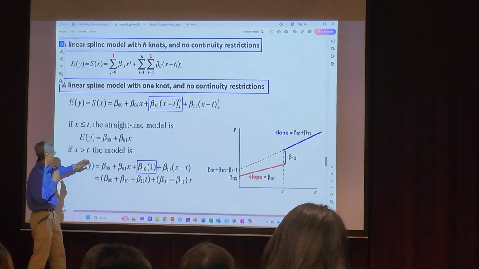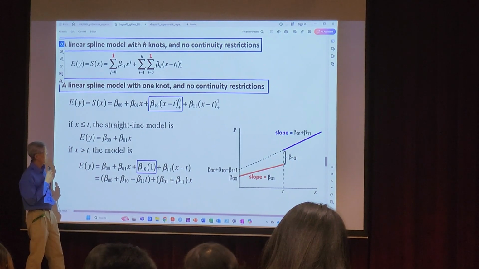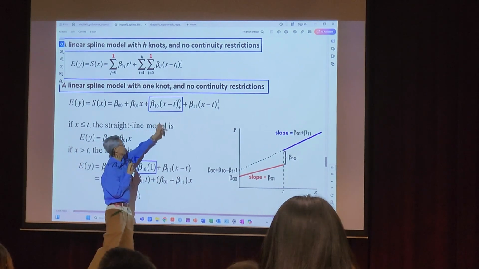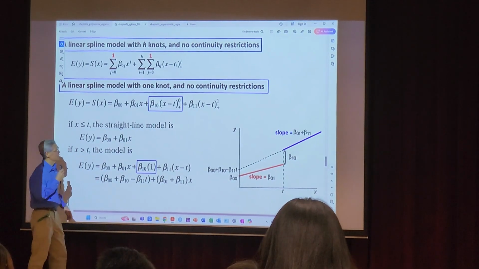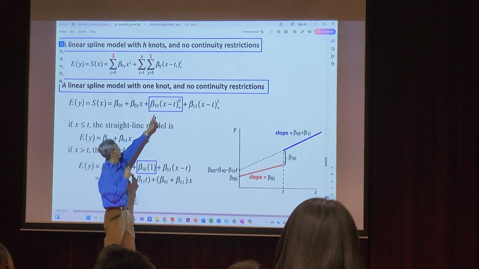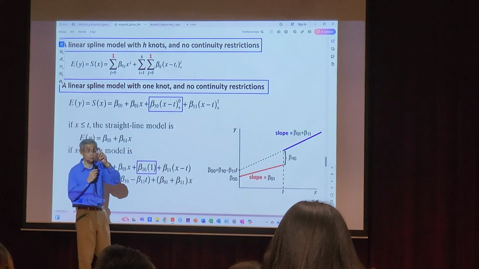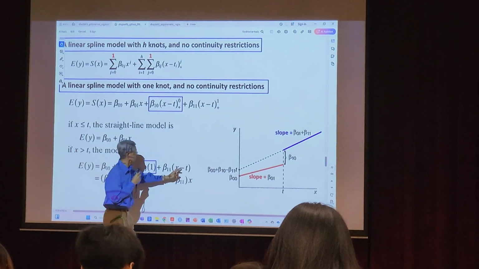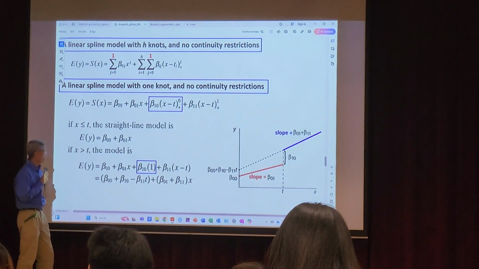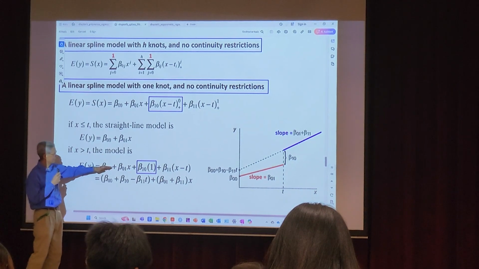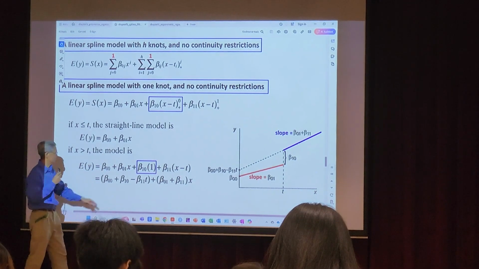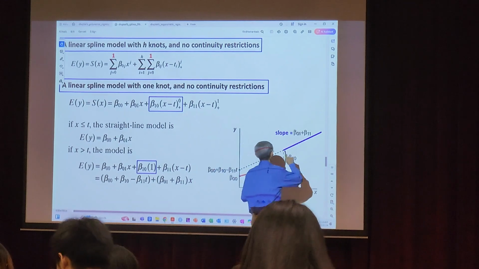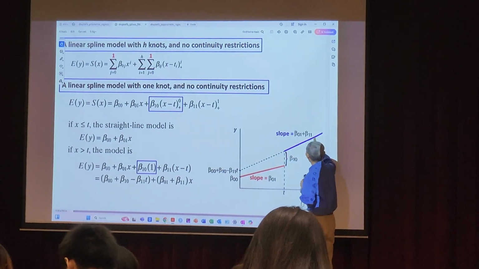Now, if x is greater than t, then this is now a positive quantity. Raised to the power 0 is 1. And the other one is just x minus t to the power 1. Now, I can combine them together, all the constant terms, all the x terms, and that would be my line here.